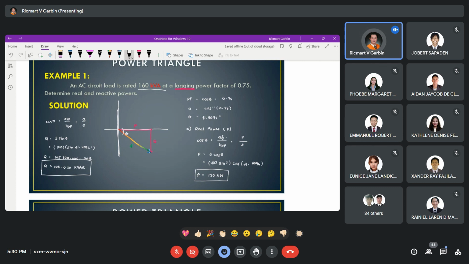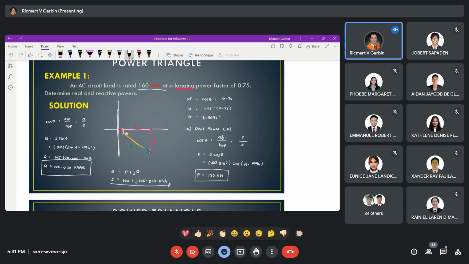So therefore, ang ating S, kung isusulat natin, ang S natin is equal to P plus JQ. So that is 120,000 plus J, or 120 na lang plus J 105.830 kilovolt ampere. So, yan. So, ito po yung ating complex formula ng ating apparent power. Okay?